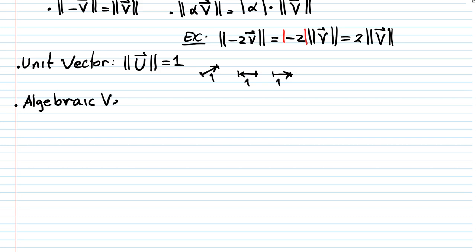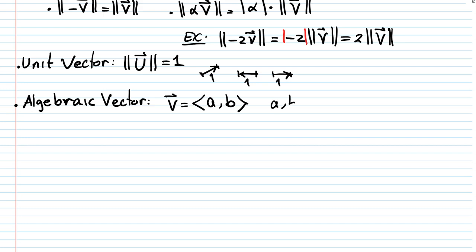Okay, an algebraic vector. What is an algebraic vector? Algebraic vectors are indicated using their components A and B, where A and B here are scalars.